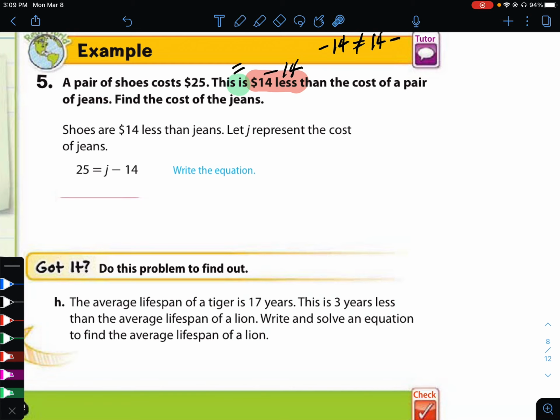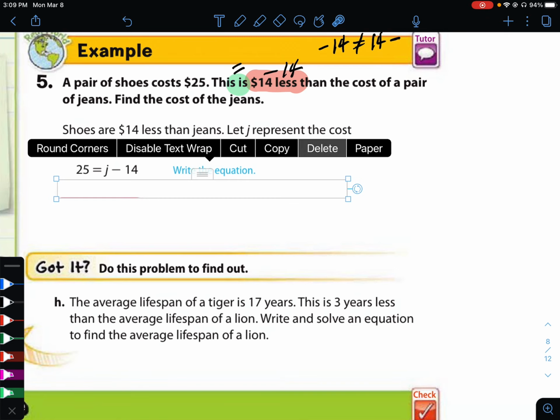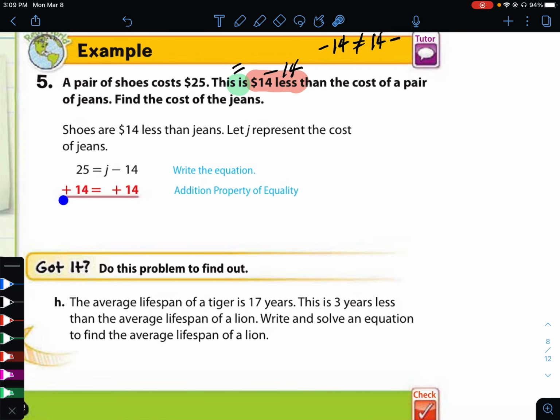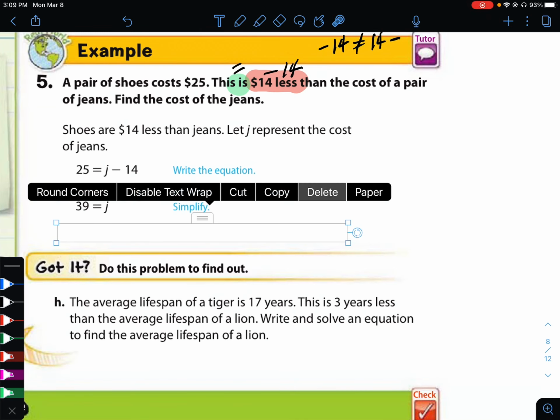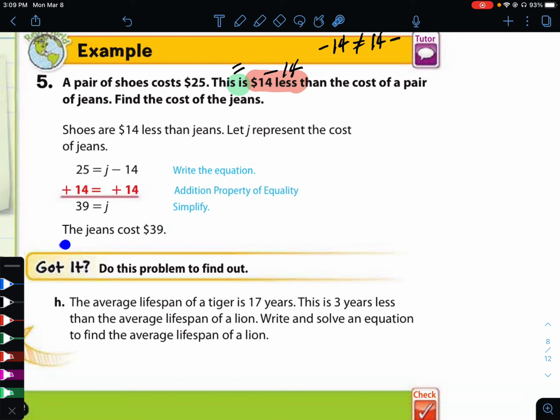So basically here, $25 is $14 less than the cost of our jeans. We need to undo negative 14. For us to undo negative 14, we add 14 to both sides. This goes away, J goes down here, 25 plus 14 is 39. So J is equal to 39, which simply means that the cost of the jeans is $39.